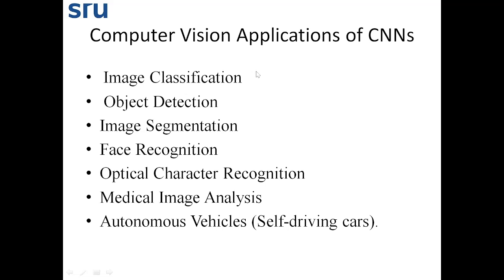What are computer vision applications of convolutional neural networks? Image classification, object detection, image segmentation, face recognition, optical character recognition, then medical image analysis, autonomous vehicles, self-driving cars.